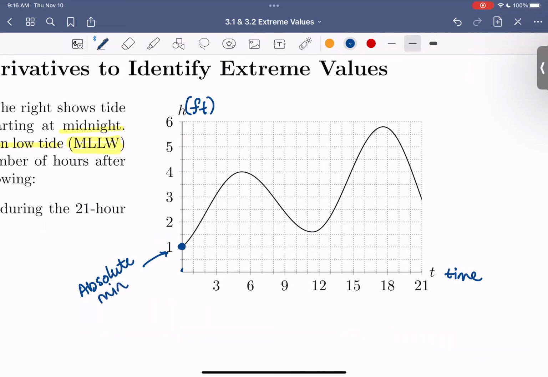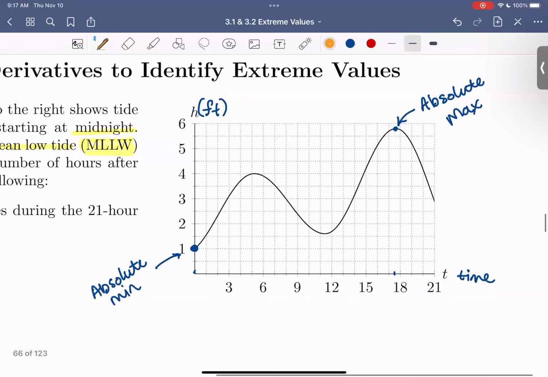Where does the highest tide occur? Right here at about 17.5 hours. This would be our absolute max or absolute maximum.